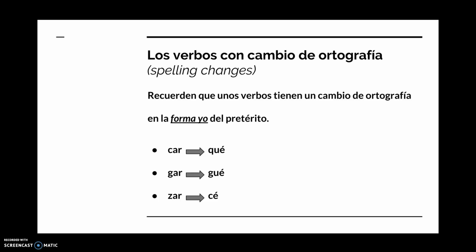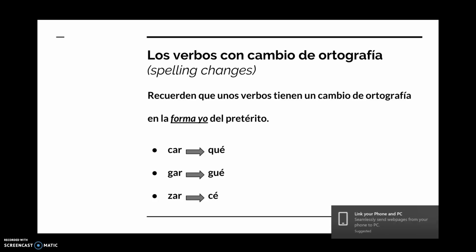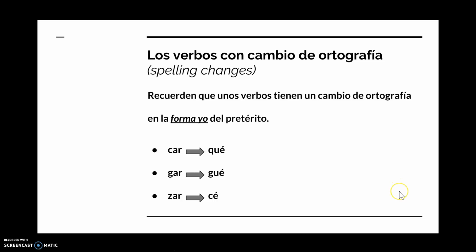So they only have the spelling change in the yo form, and after that it goes back to following the regular AR conjugation pattern. So for the tú form, the él/ella/usted, nosotros, vosotros, and ellos/ustedes forms, you go back to the regular AR conjugation chart.